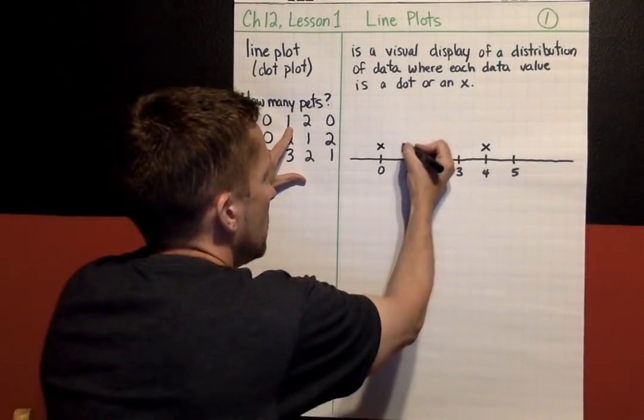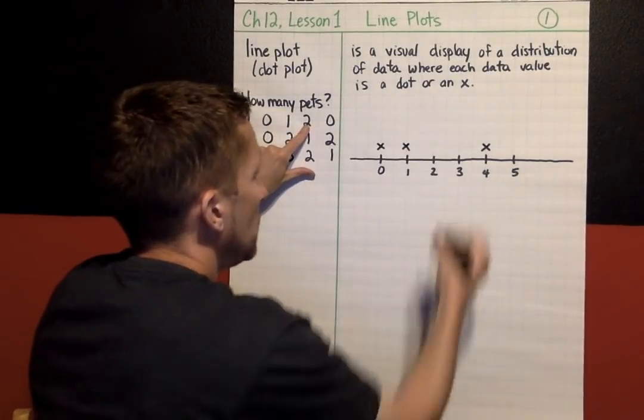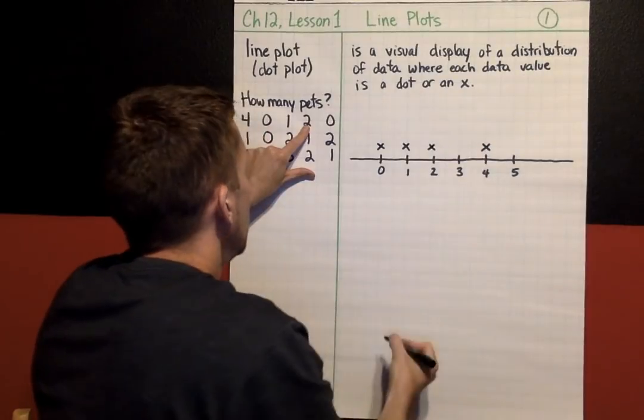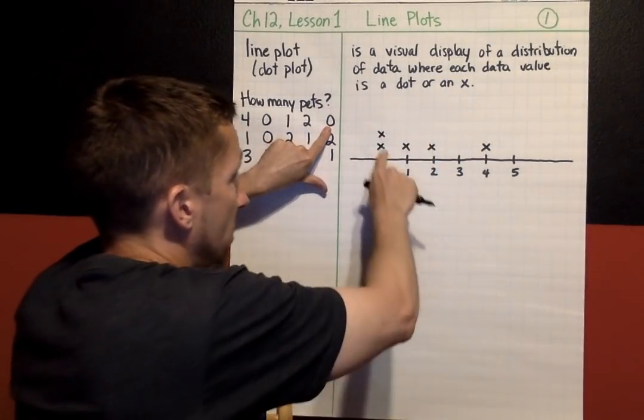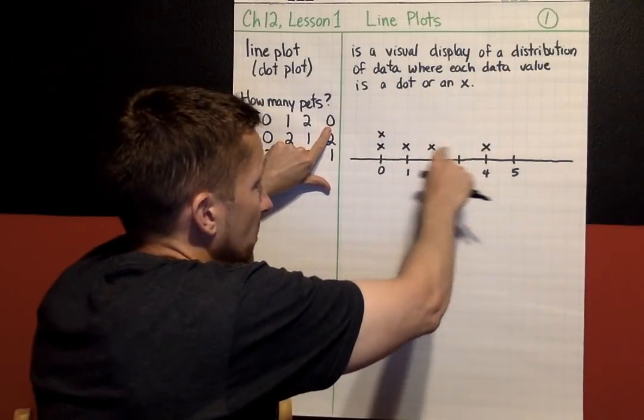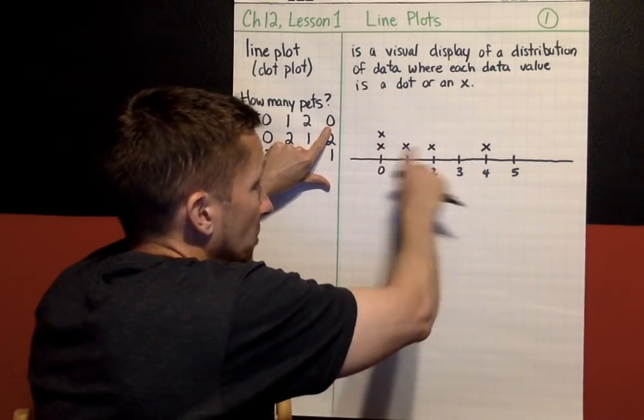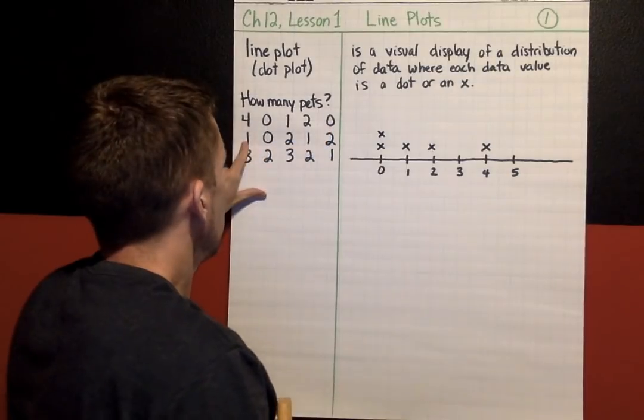A 1, a 2, a 0. One thing I want to point out is that the first X of each number should be in a line. Then I've got a 1.